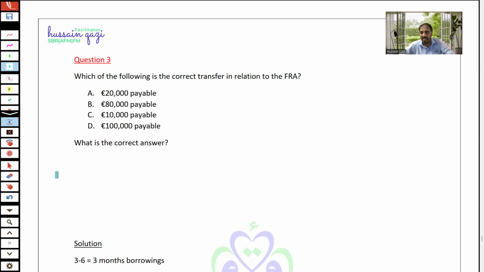It's a calculation. The phrase is very simple. Which of the following is the correct transfer in relation to the FRA? Number one, FRA is the main concept. The keyword is correct transfer.